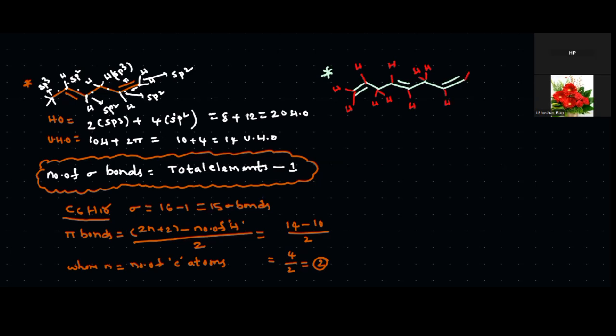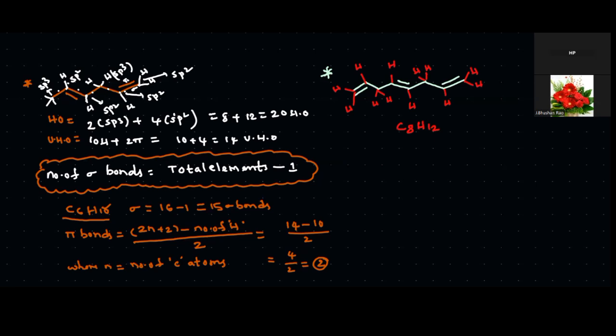In this, count the number of carbons: 1, 2, 3, 4, 5, 6, 7, 8. C8, hydrogens: 2, 3, 4, 5, 6, 7, 8, 9, 10, 11, 12. C8H12.